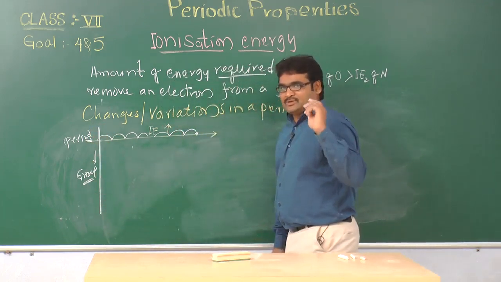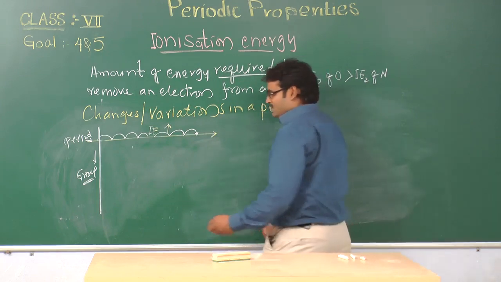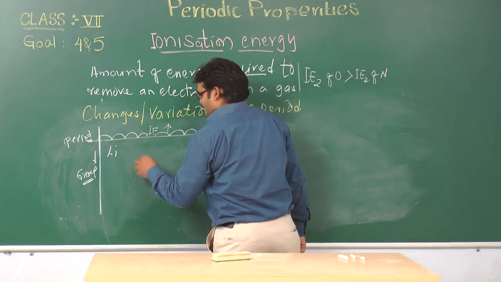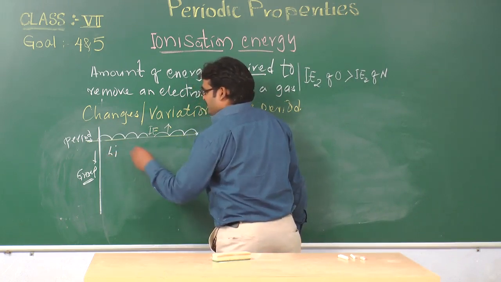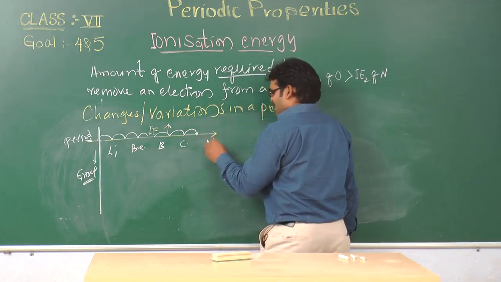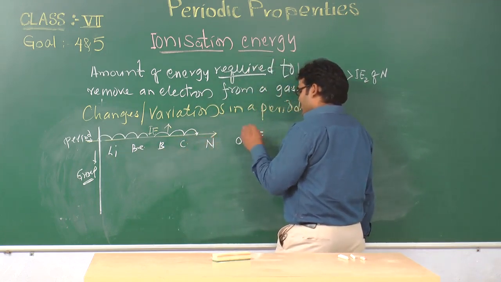We will take the elements of the second period: lithium, beryllium, boron, carbon, nitrogen, oxygen and fluorine.